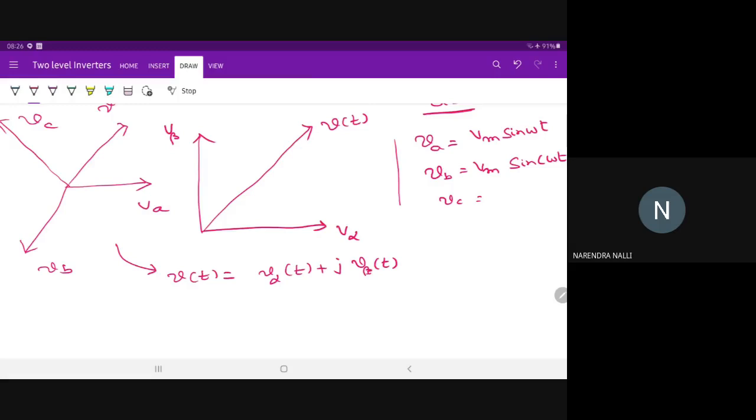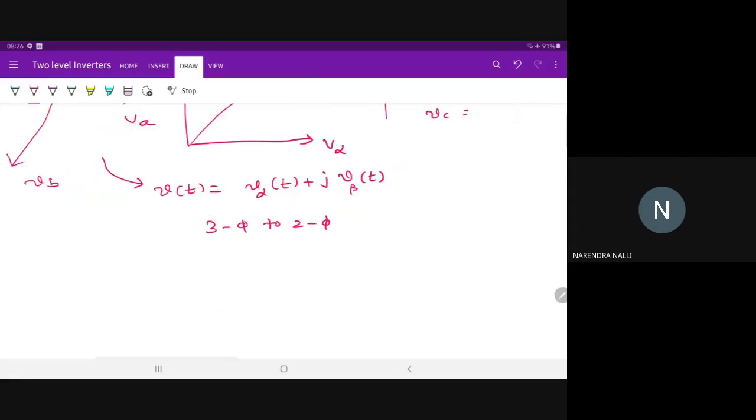It's clear? That means we have converted this 3-phase to 2-phase so that we can easily extract the resultant of these 3 voltages. Okay, so this is simple.